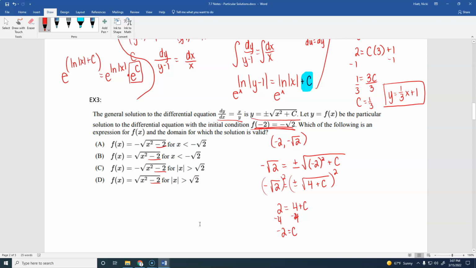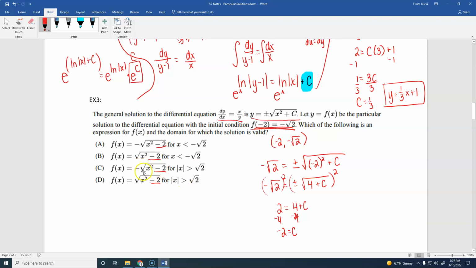So if we think about plugging in a number, we're plugging in -2, and we see here that if we plug in -2, we're going to get negative square root of 2.